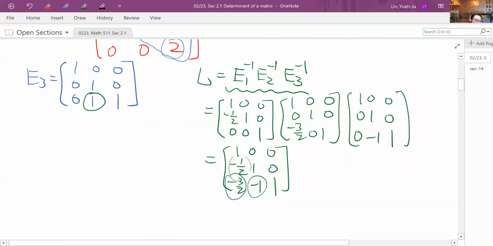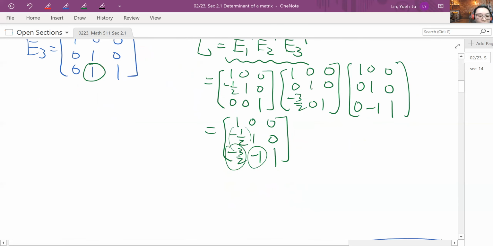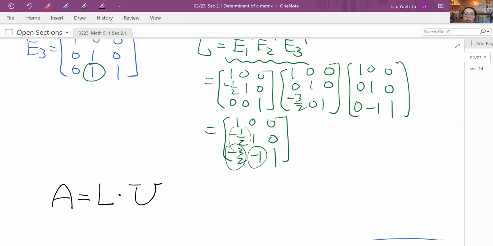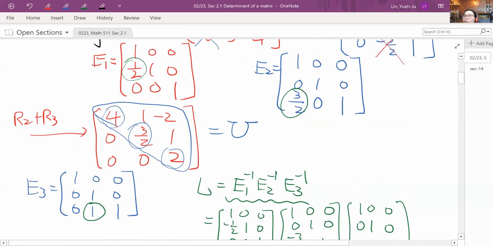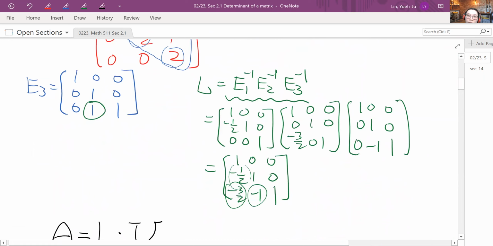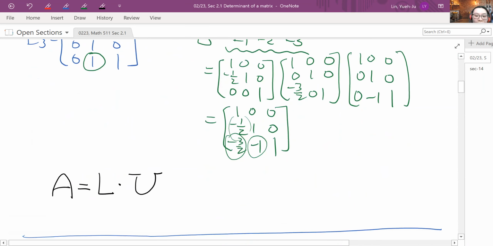Okay. So now once we found L, then as I said, you need to let me know what's the conclusion, right? The whole point is really that once you found L and U, A is equal to L times U. So L, so A is equal to L times U. I want to copy down again so people can see here.